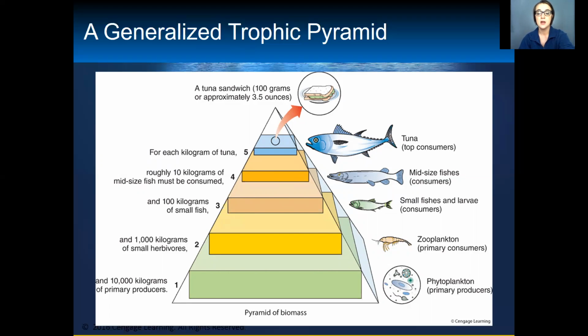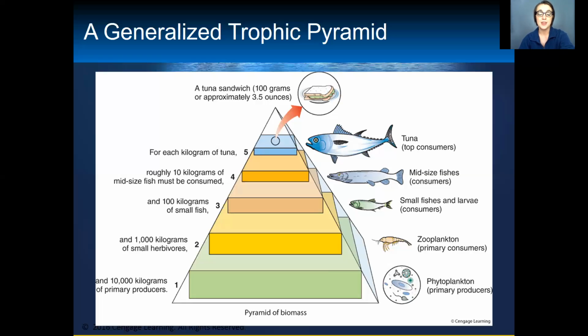Now moving up, those phytoplankton are eaten by zooplankton. That's going to be your primary consumer. Now that we've moved up a level, we've gone from 10,000 to 1,000. So you can see that has degraded very rapidly. Now that zooplankton is then going to be eaten by small fish. These are going to be your little bit larger consumer, your secondary consumer.